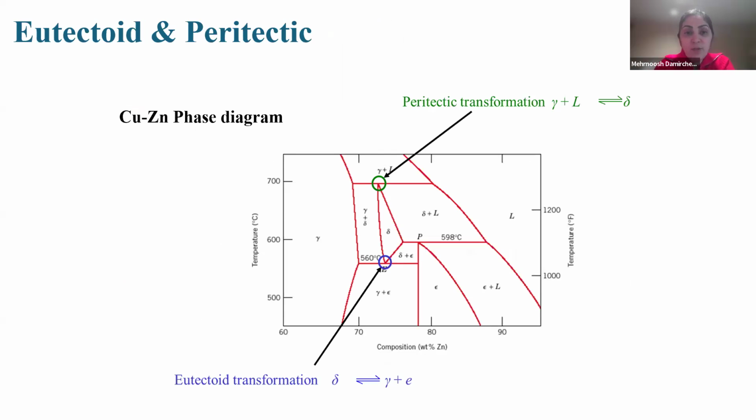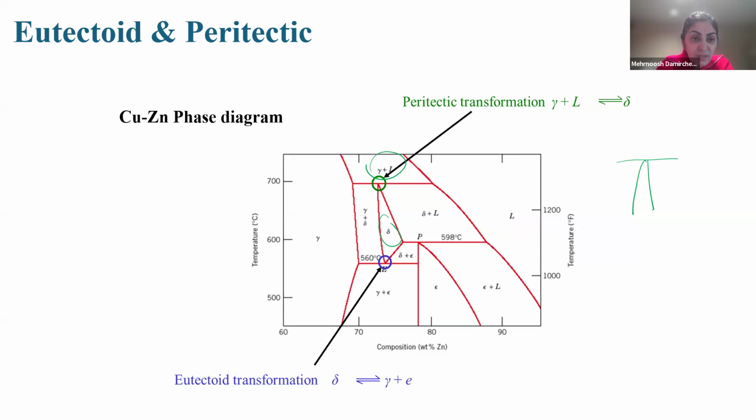Okay, if I want to show the peritectic, usually it should be in this form or in this form. If you look here, above that we have gamma plus L, so we have one liquid and one solid phase. And below that we have one solid phase. So gamma plus L convert to delta or vice versa. So it is the peritectic reaction, okay?